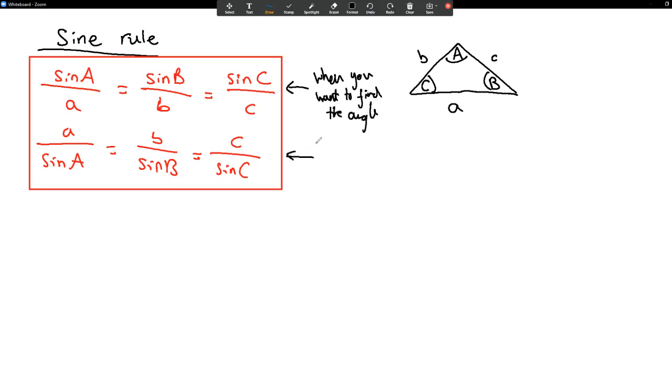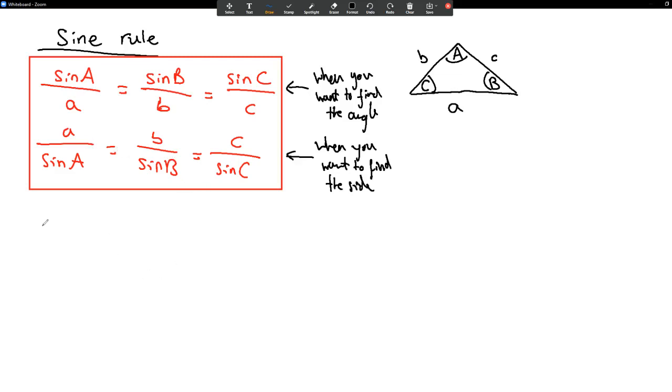This is the equation when you want to find the side, or the length, I guess. It doesn't really matter which one you use, you'll still be able to get to the answer either way, but it makes it easier when you choose the correct one. Basically the thing you want to find should be on top.